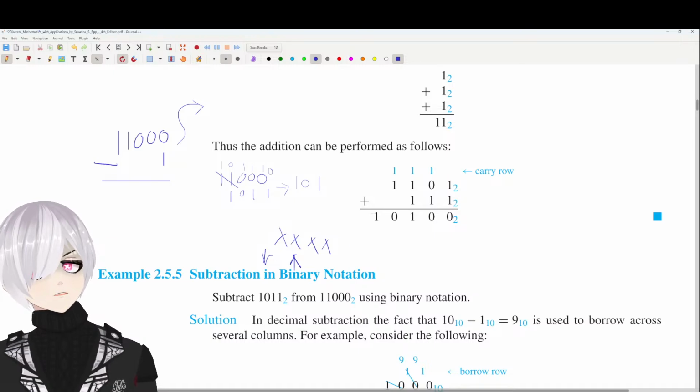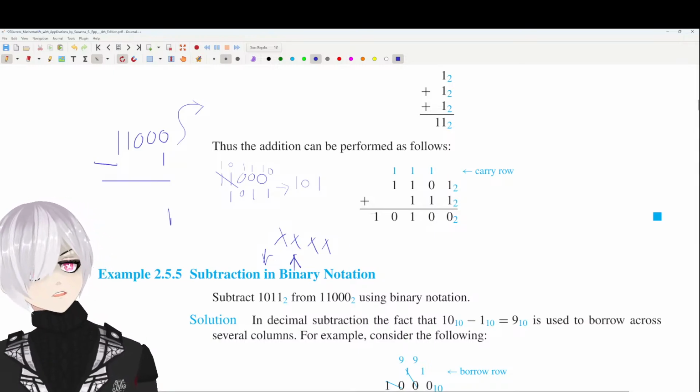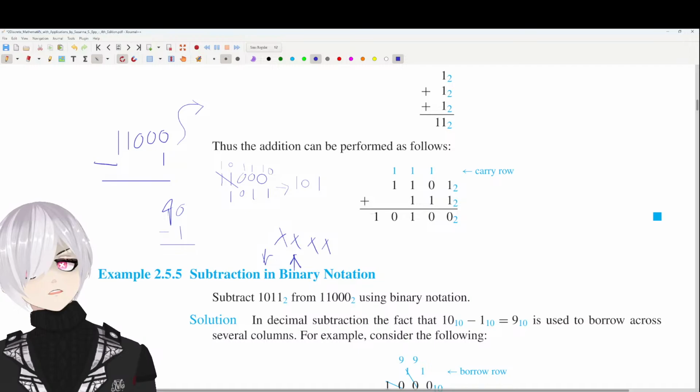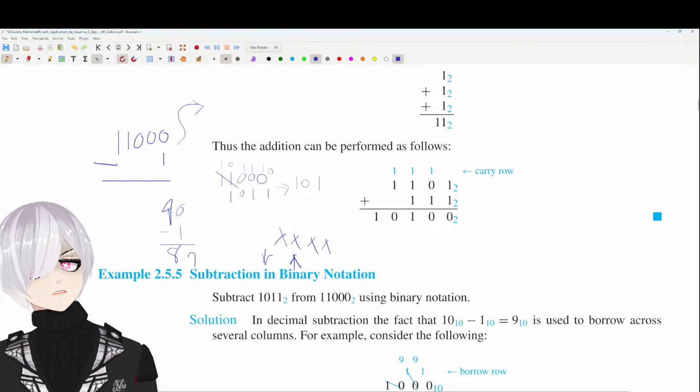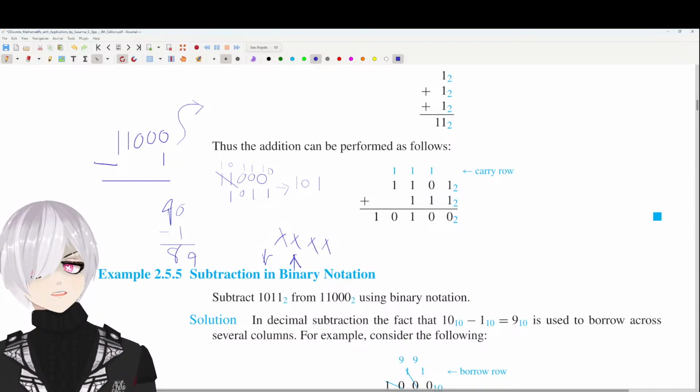Like if you had 90 minus 1, you would end up with 89. Yeah. So let's see.